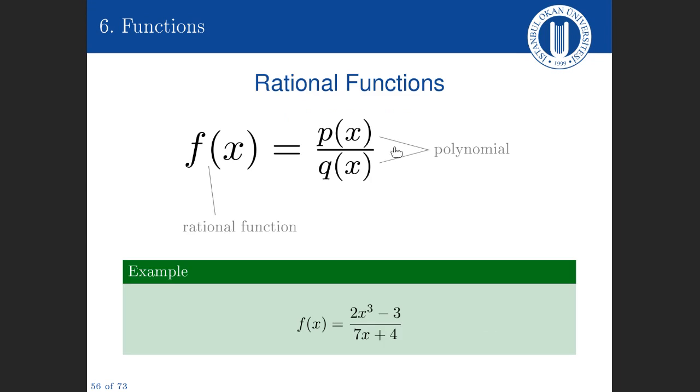If we do polynomial divided by polynomial, we get a function which is called a rational function. For example, 2x cubed minus 3 divided by 7x plus 4. That's polynomial divided by polynomial. That is a rational function.